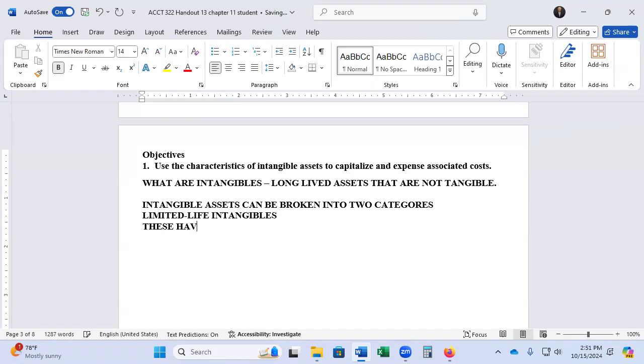These have a limited useful life where they generate revenue for the company.